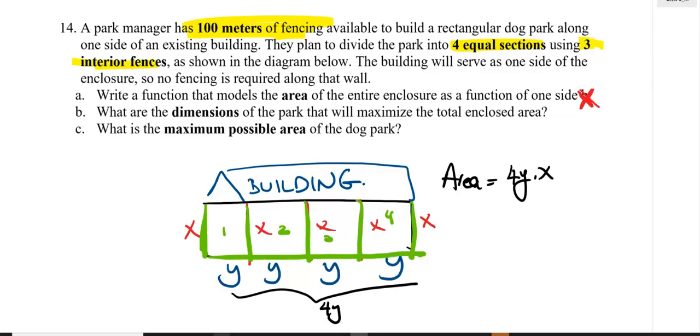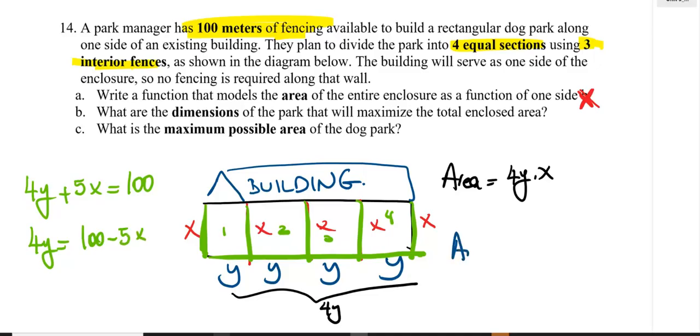So we can think about 4y plus 1, 2, 3, 4, 5x. 4y plus 5x is equal to 100. Now we can write y in terms of x, that will be 100 minus 5x, over 4.